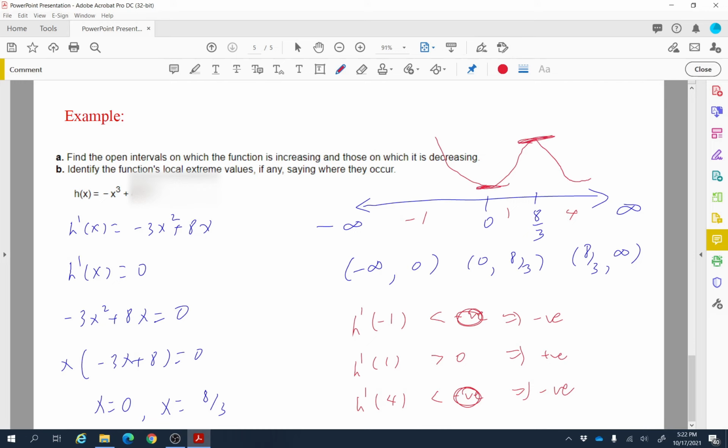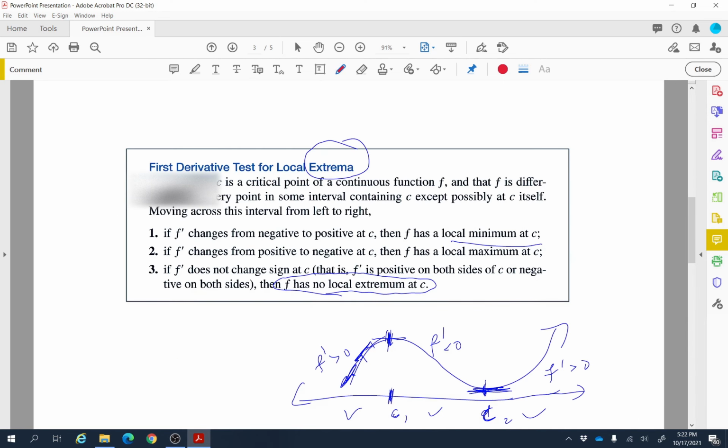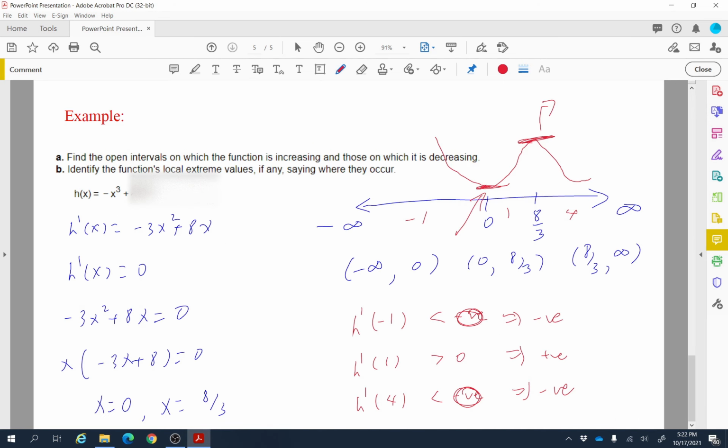So at those 2 points, for the first point at 0, you will have a local minimum value, and then at the second point, 8/3, you will have a local maximum value. And it's coming from this first derivative test, because the derivative is going from negative to positive at this point, so that is a local minimum. Positive to negative at this point, that's why it's a local maximum.